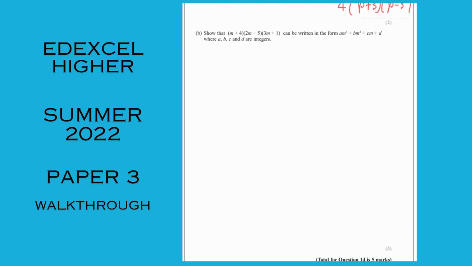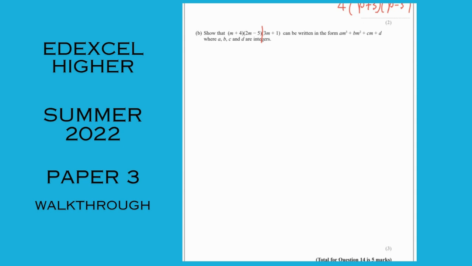Part B, expanding a cubic. Well, to do a cubic, you've got to start with a quadratic. So pick any two. I know some people do sometimes prefer to expand the positive ones if there are two of them first. I'm not fussed. Doesn't matter. Should end up in the same place, but I'm going to go for the first two.